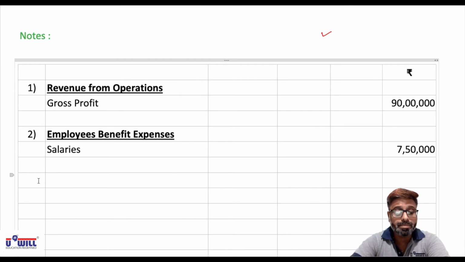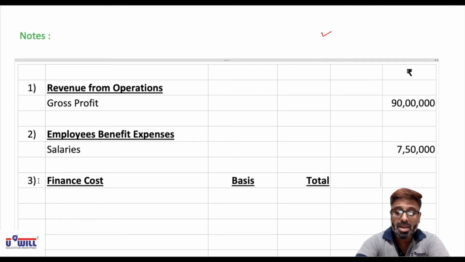Then third, after employees benefit expenses, CDEF, finance cost. Now again in finance cost, since we have more than one item and more than one basis, we'll make the columns of basis, total, pre and post.